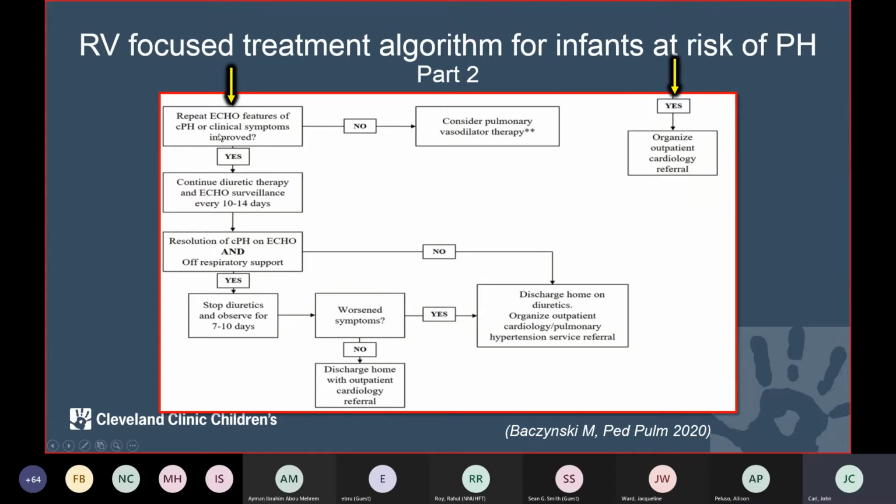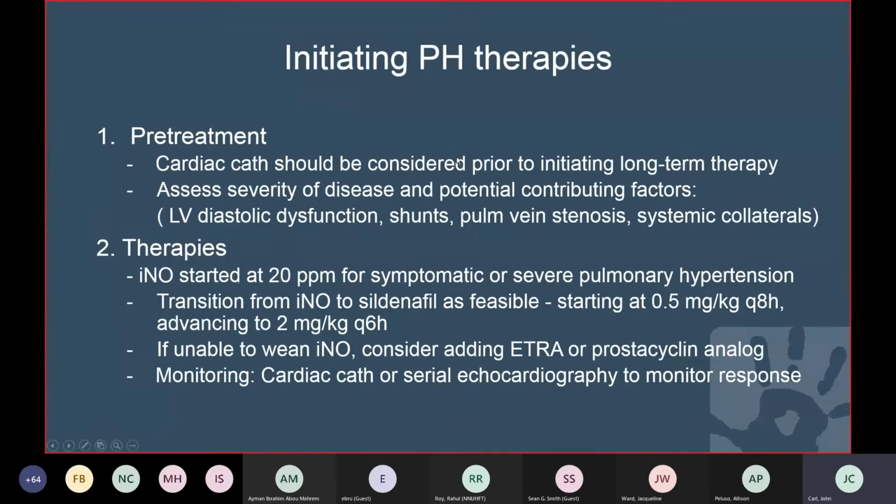But if the echo features or the clinical symptoms are not improved, then one needs to consider use of pulmonary vasodilator therapy. So, initiating PH therapies. Ideally, cardiac catheterization should be considered prior to initiating long-term therapies, not INO, and in some cases not sildenafil, although there is an argument to be made for doing it even prior to initiating sildenafil therapy.